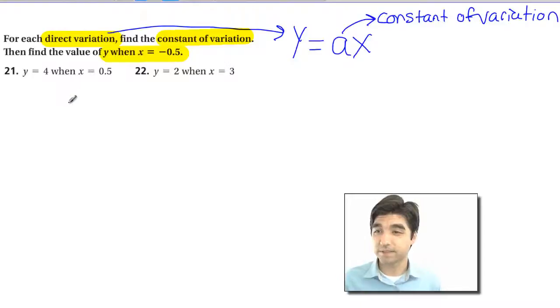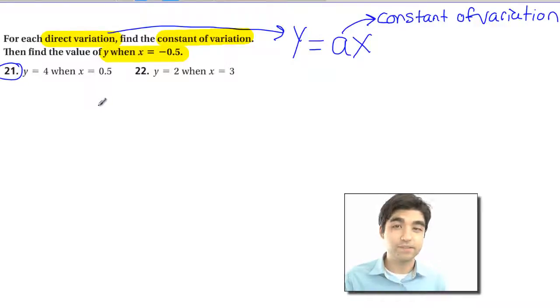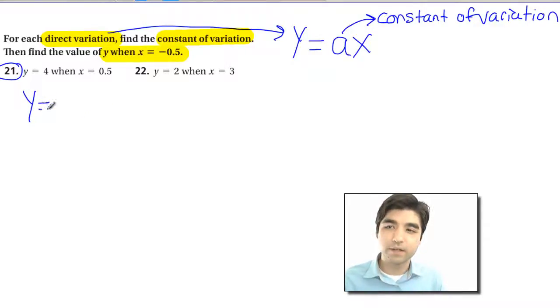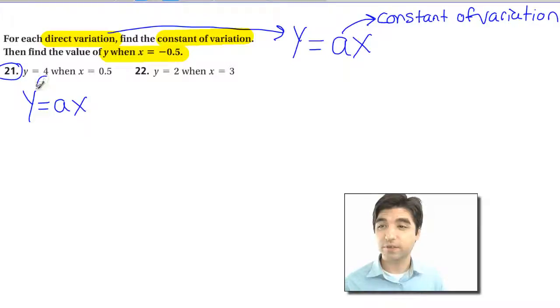So first step is, for 21, we have y equals 4 when x equals 0.5. Write your general equation for direct variation. Then put your 4 in for the y and the 0.5 in for the x. So we got 4 equals a times 0.5.